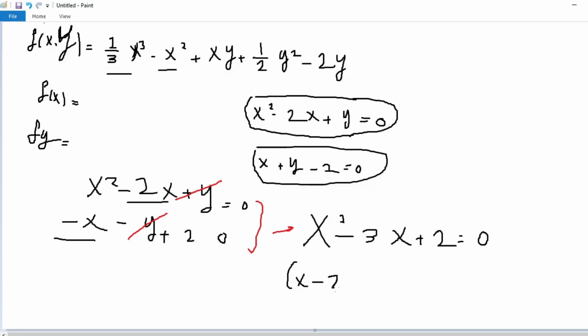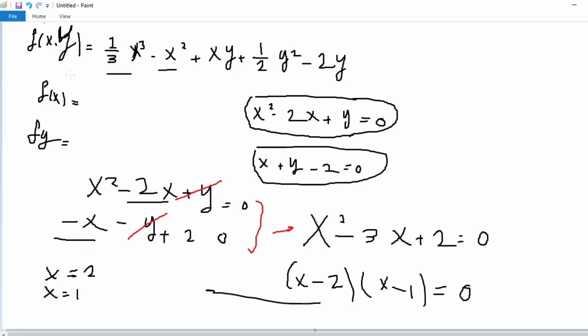So x minus 2 and x minus 1, because negative 2 plus negative 1 is negative 3, and negative 2 times negative 1 is positive 2, and then equal to 0. So from here, we can say that x is going to be equal to 2, and x is going to be 1.